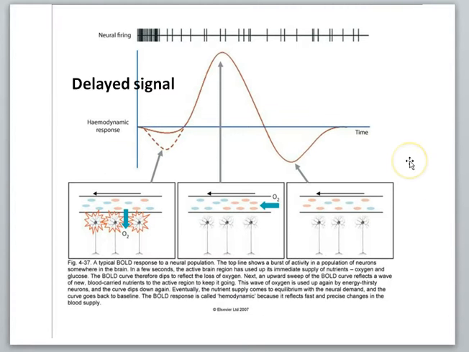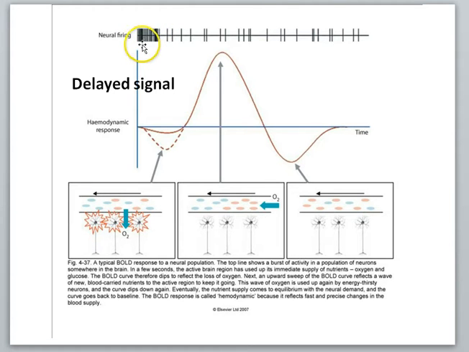Now, because fMRI is measuring changes in blood flow, the signal that's recorded by the machine is a delayed signal. So up here we have the neuron, and if we could measure its electrical activity during some task, these little bars here would indicate it's making a lot of electrical signals.